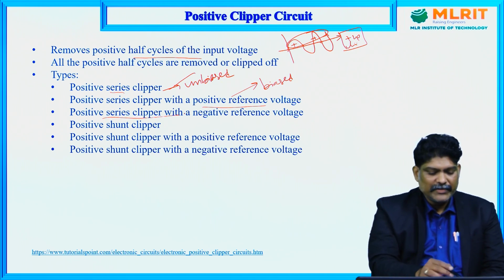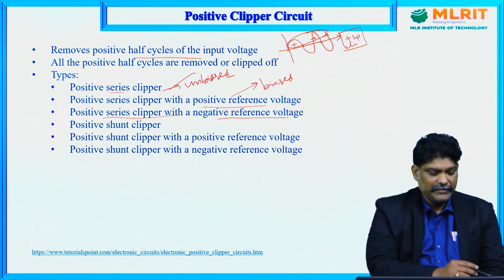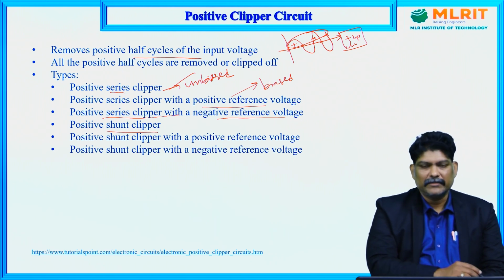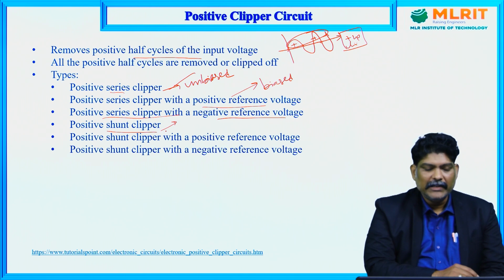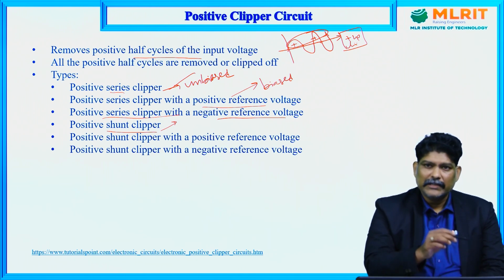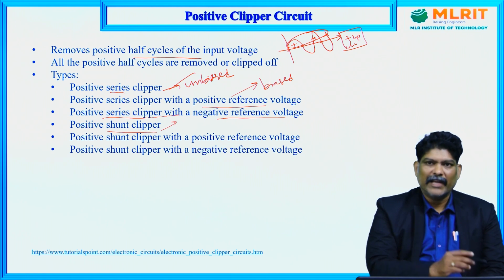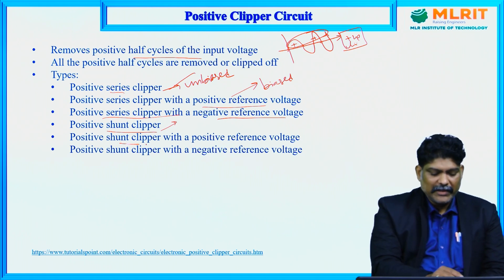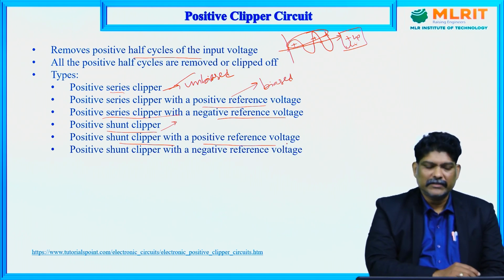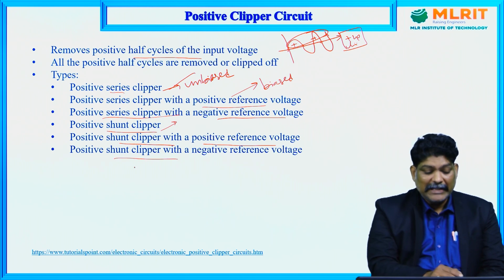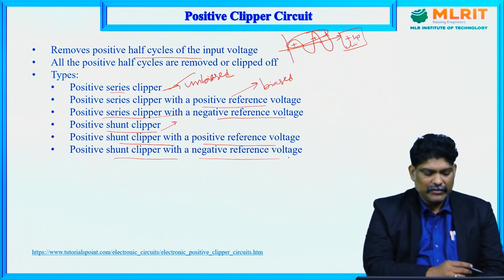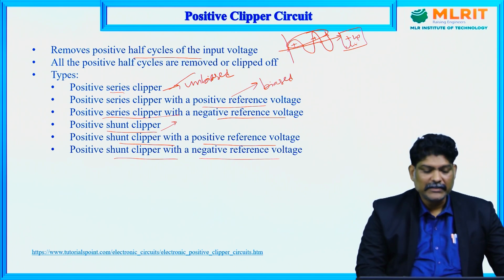Similarly, positive series clipper with negative reference, and positive shunt clipper. Positive shunt clipper means an unbiased positive shunt clipper, in which the diode is connected in shunt fashion across the load. Then shunt clipper with a positive reference voltage and shunt clipper with a negative reference voltage. So let us see all these clipper circuits one by one.